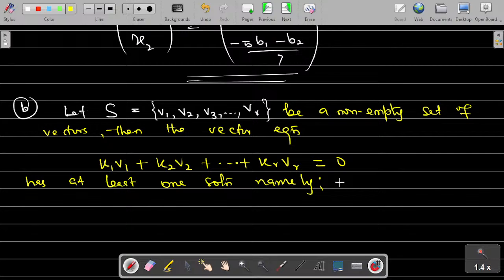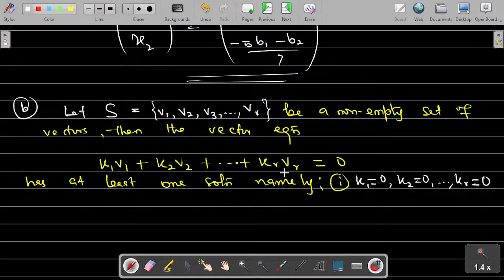So what is the one solution that this will have? Of course, because it's equal to 0, you will see that our k's will at least have one solution, which is the trivial solution. And what's the trivial solution? The trivial solution is k1 equal to 0, k2 equal to 0, all the k's equal to 0, up to kr equal to 0. Remember, like I said, this kind of equation is called a homogeneous equation.